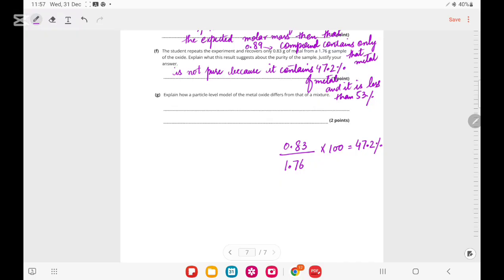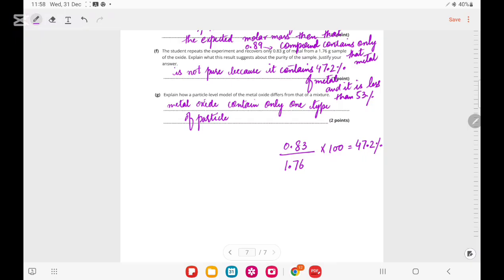In part G, they are saying explain how a particle level model of the metal oxide differs from that of a mixture. Why? Because the metal oxide contains only one type of particle, but in a mixture, it varies.